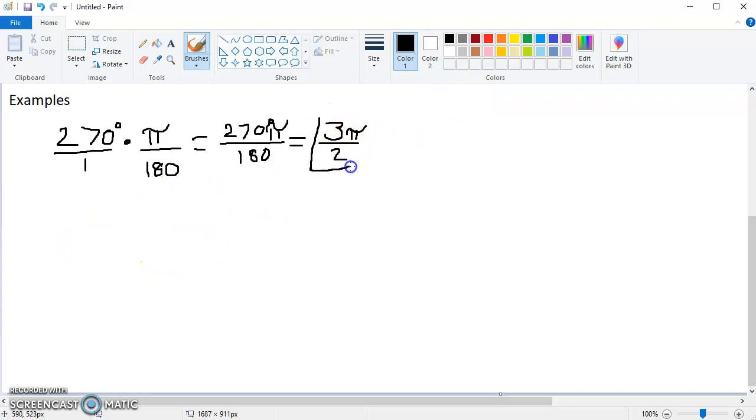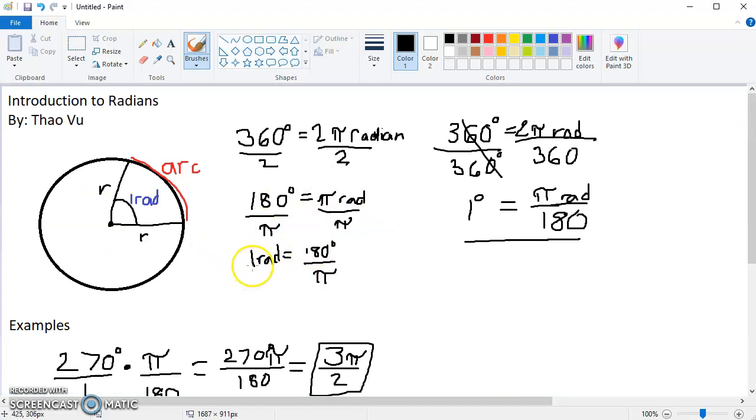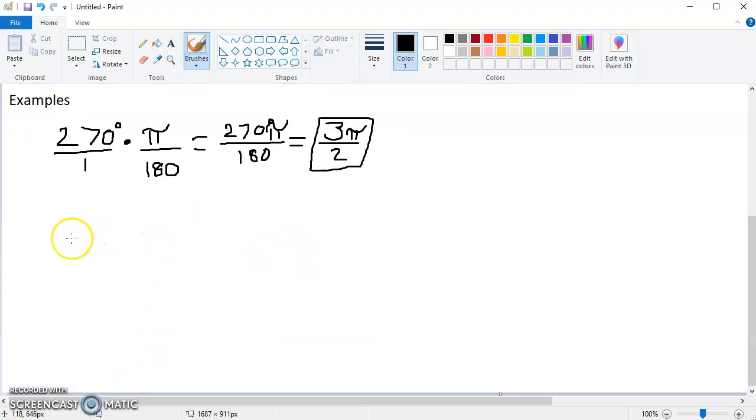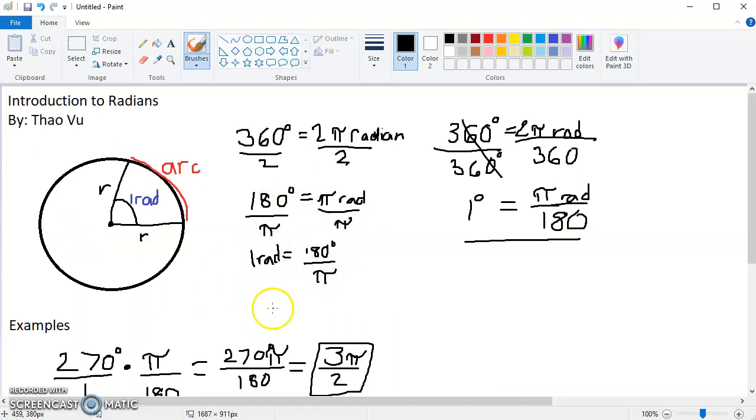And so these are the same thing, except they're converted into different units. And so if we want to turn a radian into a degree, we would simply use this formula.